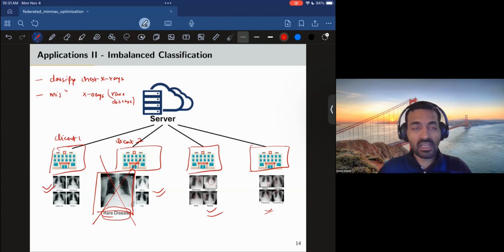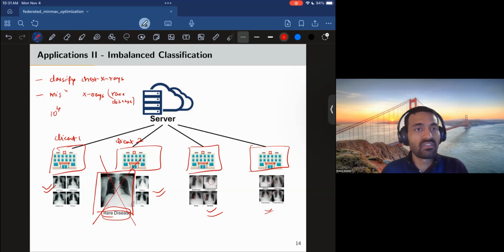Just maximizing the classification accuracy might not help, because one of the possible strategies is you simply ignore this chest X-ray. Suppose you have 10,000 chest X-ray images.